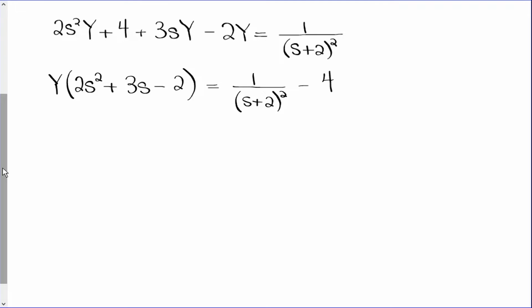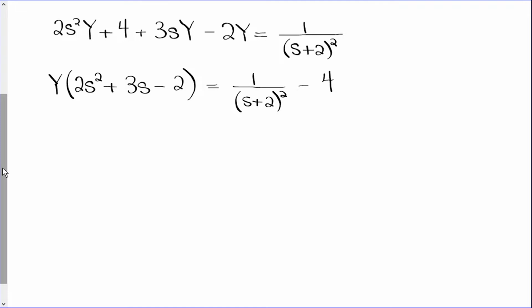So in our effort to isolate capital Y, we are going to now divide both sides by 2s squared plus 3s minus 2. Obviously, at some point, we're going to want to factor that. So it's a quadratic. You can apply the quadratic formula, or you guys should know what it's going to factor as.